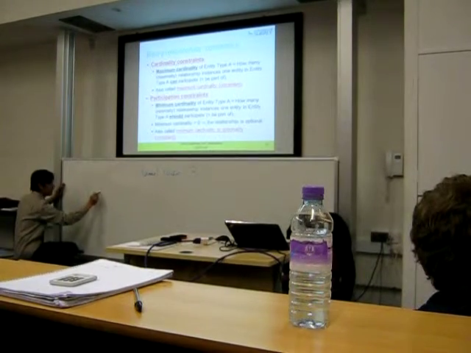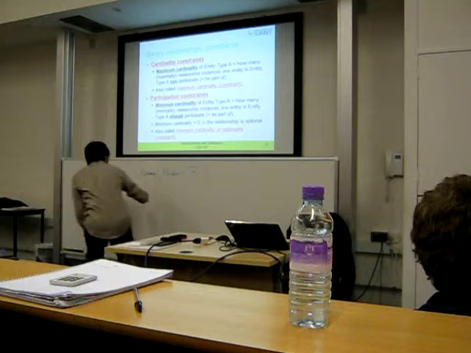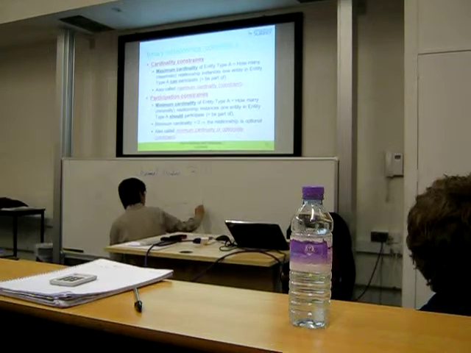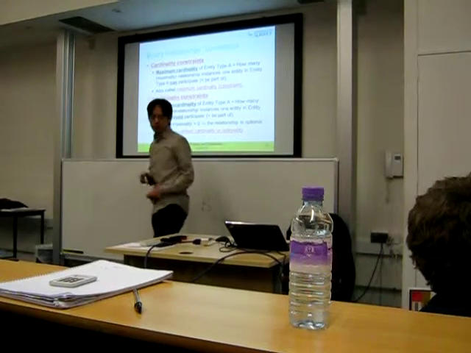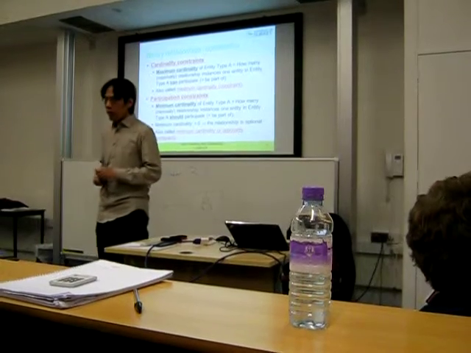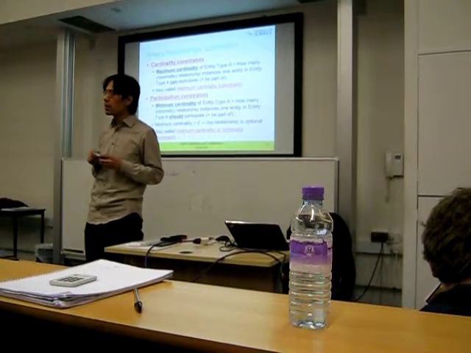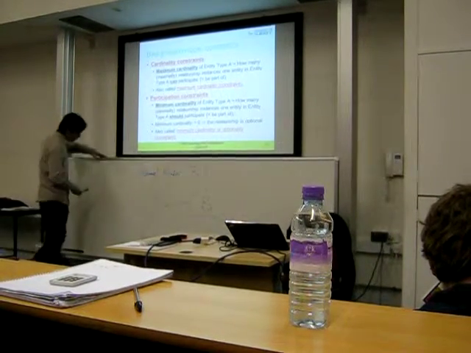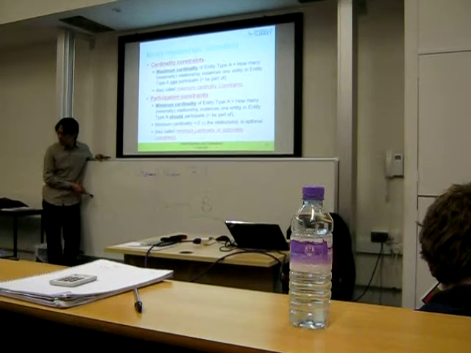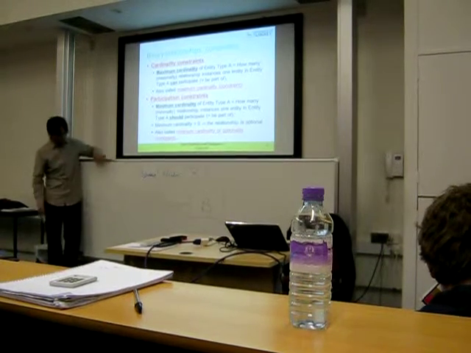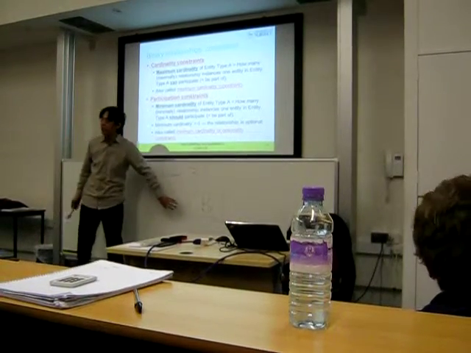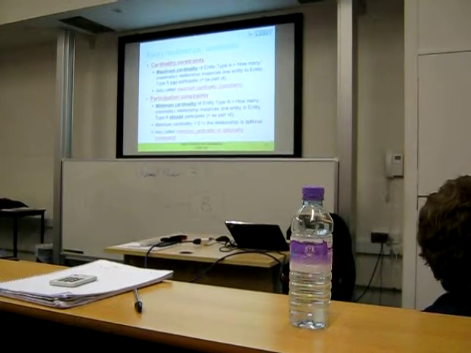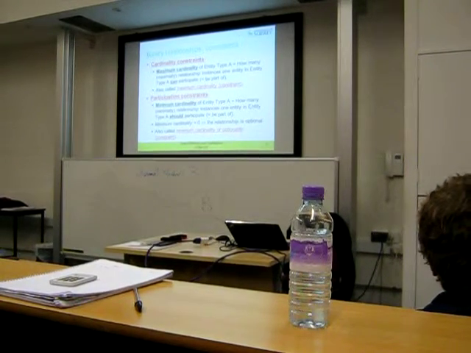You have entity type A connected with entity type B, with relationship R. What the cardinality and participation constraints define is this: for one instance or one entity in A, how many entities from B can have a relationship with that particular entity in A. Minimum how many and maximum how many.